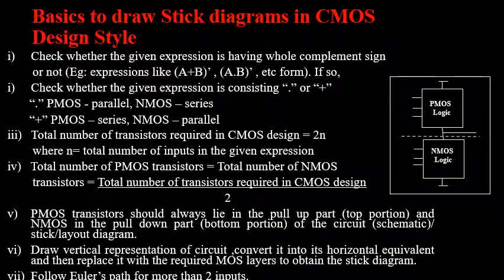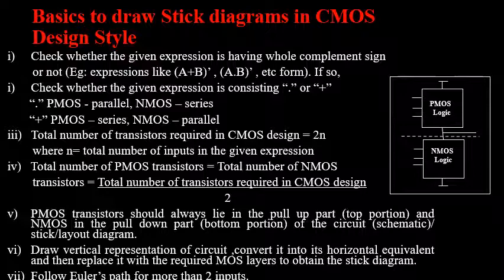I know how many transistors are needed in total. I have to split them in terms of PMOS as well as NMOS. So it will be the same number of transistors. However many PMOS transistors I need, that many NMOS transistors are required in case of CMOS logic. Both your PMOS as well as NMOS transistor counts will be the same.